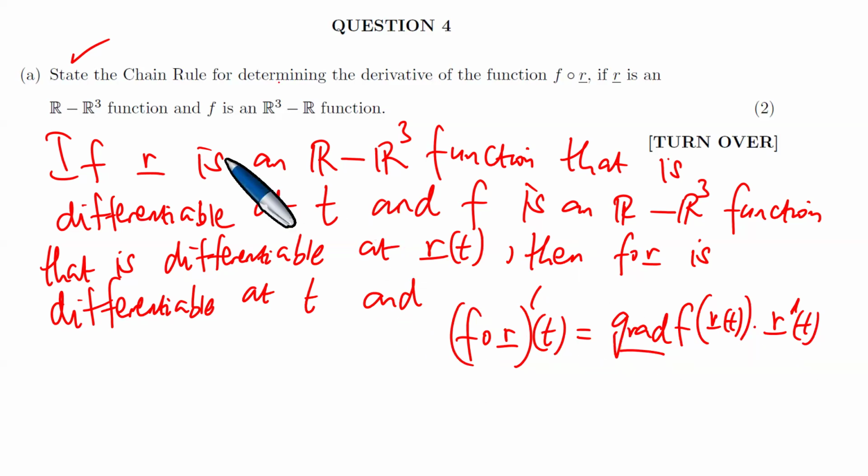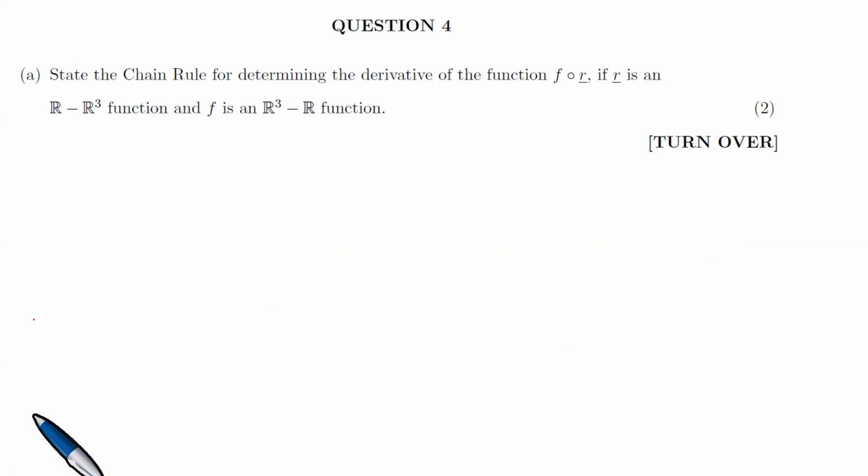This is called the chain rule for determining the derivative of the composition of the two functions f and r. Just for 2 marks there, normally this suffices to write in that manner. Next question. It's bookwork. Nothing strange there.